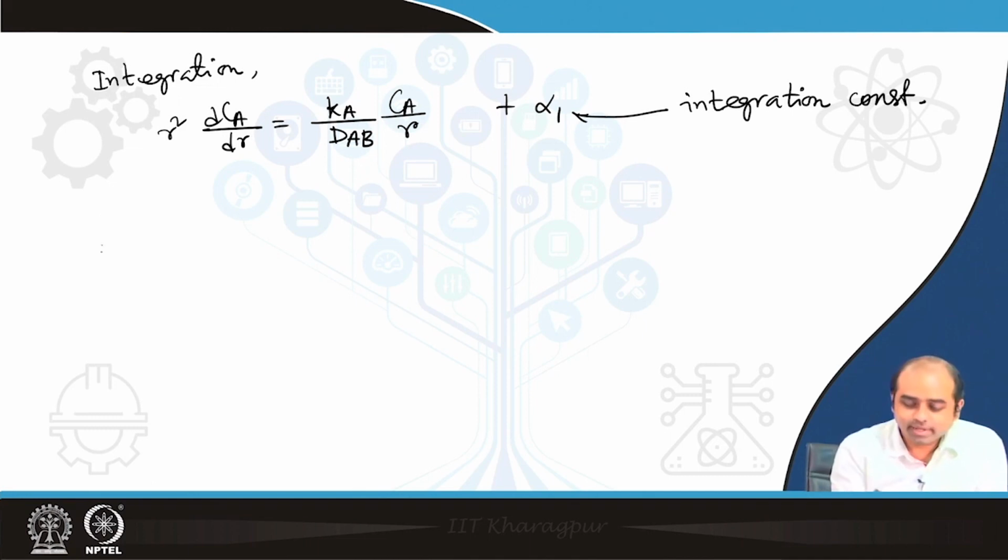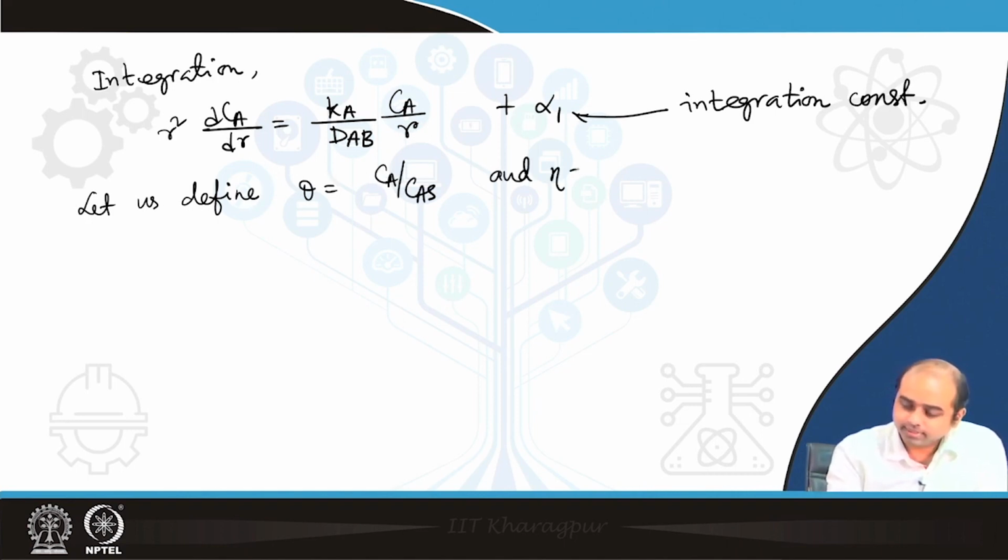So, an easier way to resolve this issue is, let us define theta is equal to Ca by Cas, the ratio of the concentration, and define eta is equal to R by capital R. So, I can transform the equation with this non-dimensionalization.